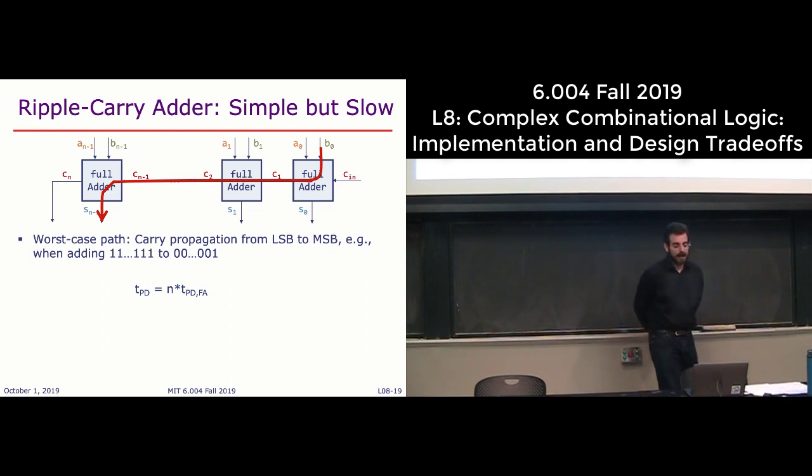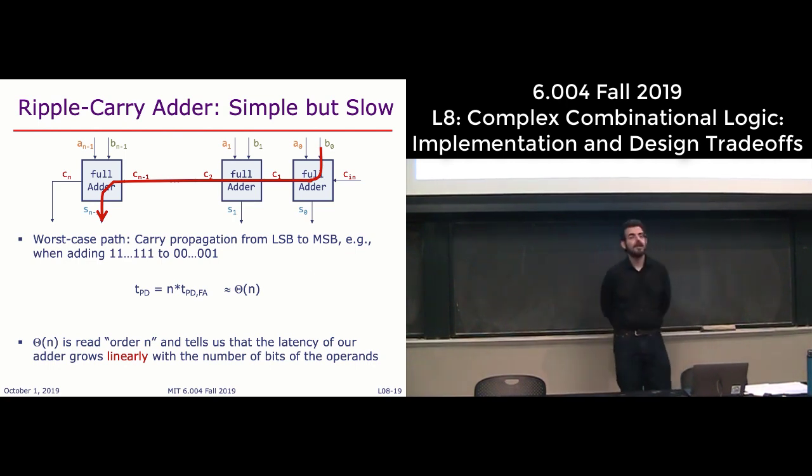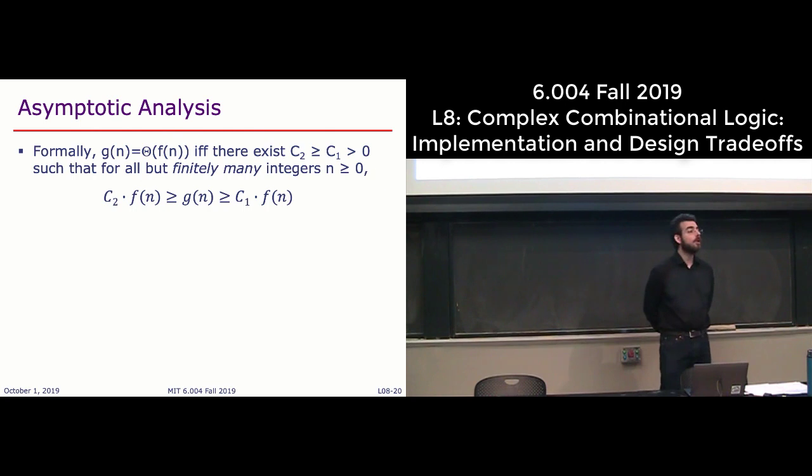And just to make it a little bit more formal, because we don't care about the particular values, we're just going to look at algorithmic trade-offs, we say that this is theta of n, or order of n. And this is just saying that the latency of this adder grows linearly with the number of input bits. So a bit of a review in case you don't know about asymptotic analysis. This theta of n notation essentially means the following.